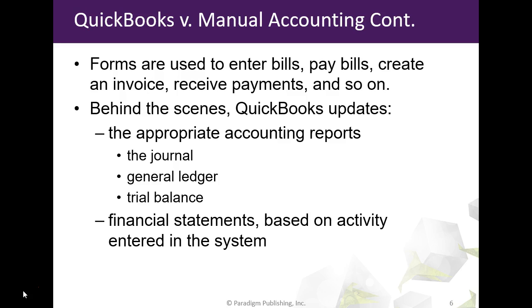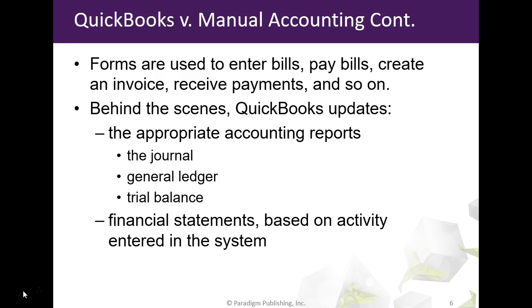In terms of the comparison between QuickBooks versus a manual system, QuickBooks is going to be doing a lot of things behind the scenes. With a manual system, you might physically just write a check and post it in your check register.